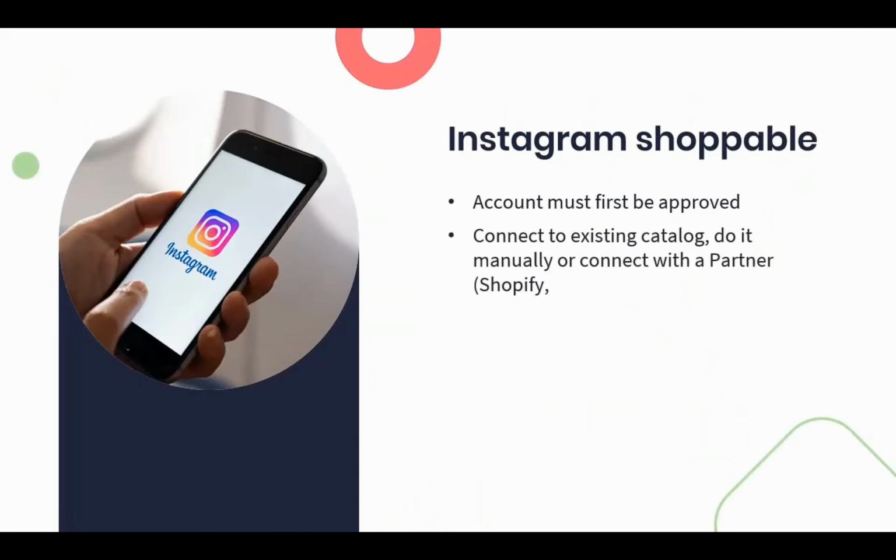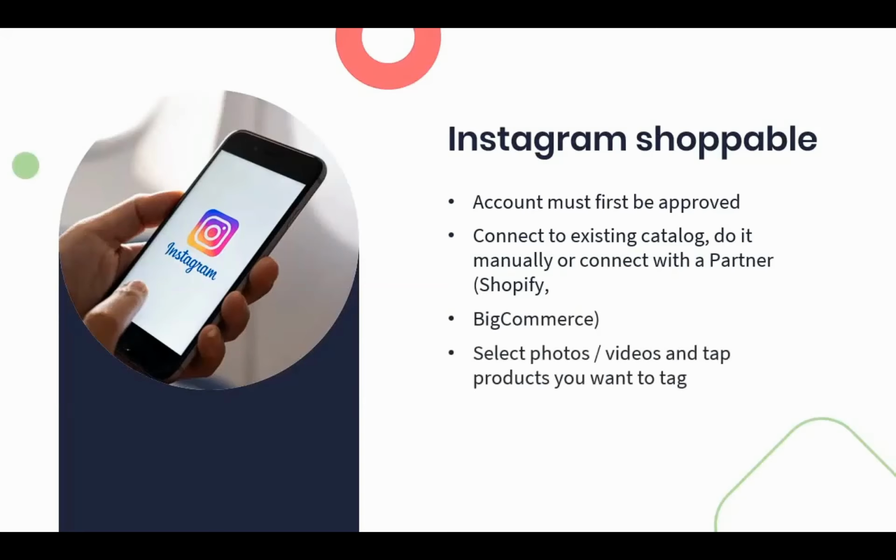What you would do is select your photos or videos and tap the products within those that you want to tag, and then the names of the products should appear as you type them. So within that tag field, you type the name of the product, and then there should be a drop down, if you have more than one product, with the options to choose.